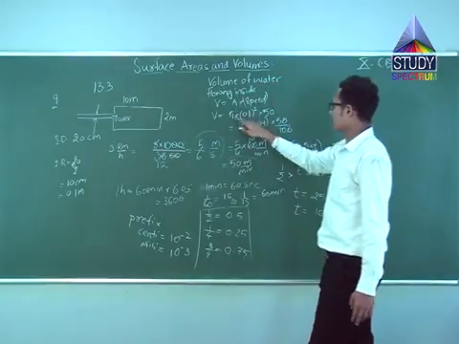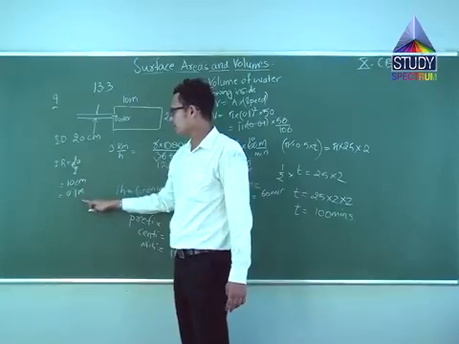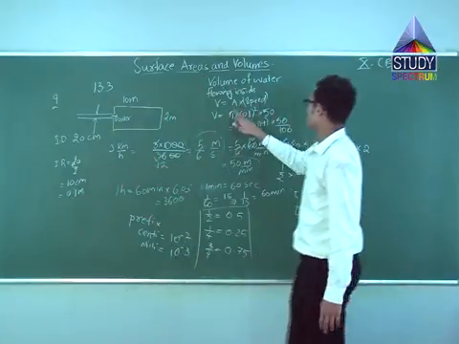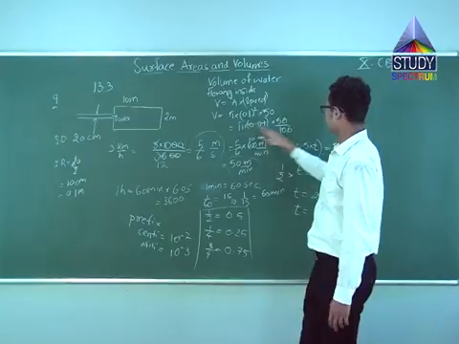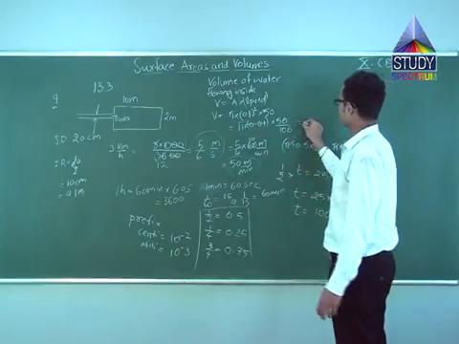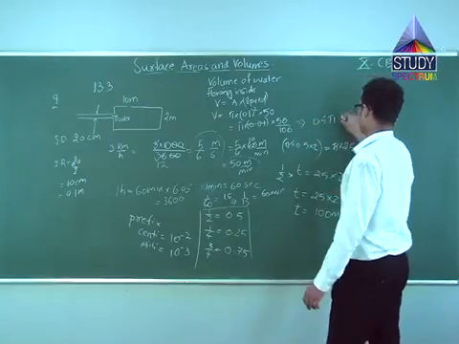So pi into half the diameter, 10 converted into meters, because all the units are converted in terms of meters, 0.1 square into speed, 50 meters per minute. So this is equal to, cancelling out, 0.5 pi, meters per minute.